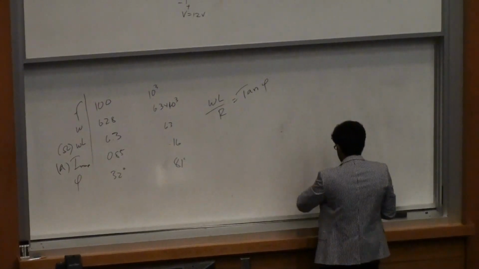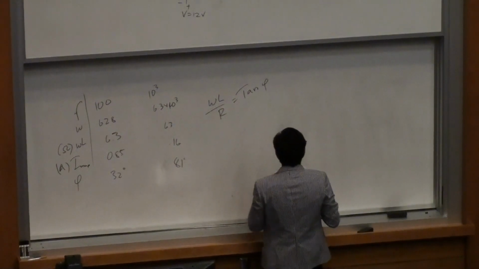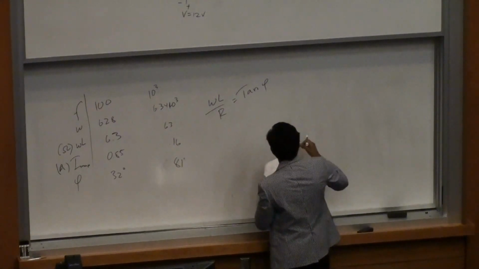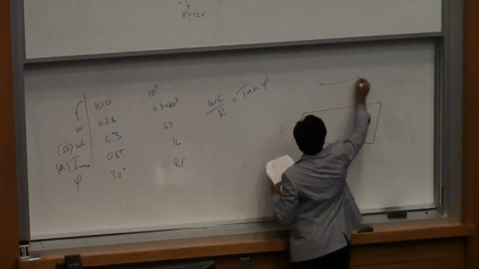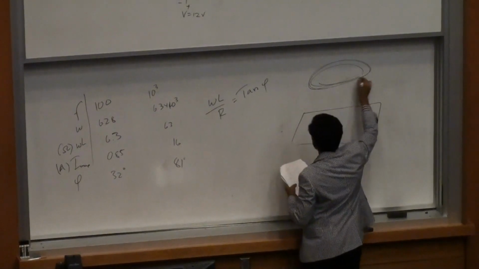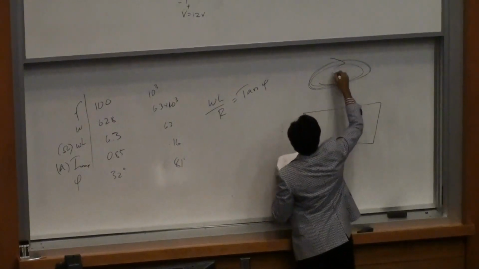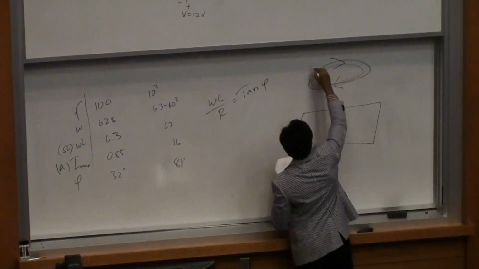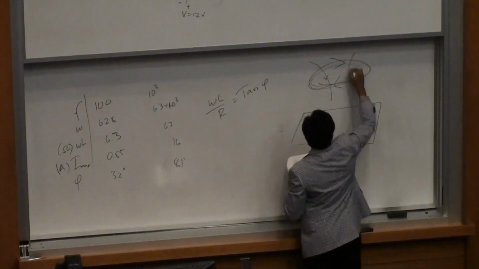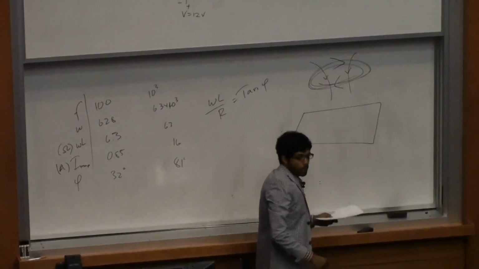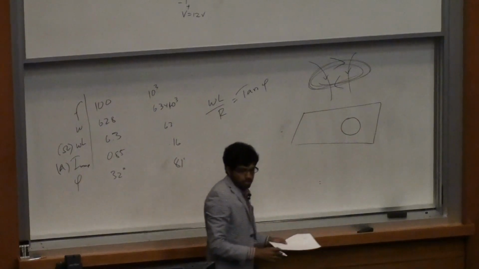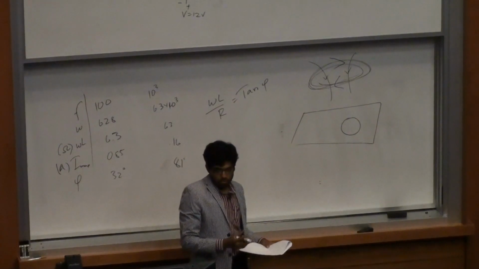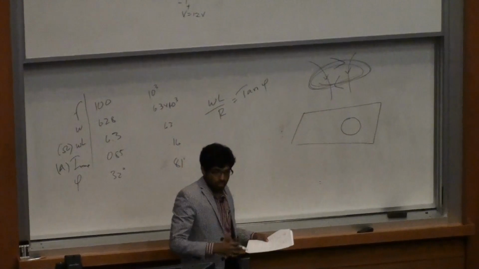So if I were to look at this, let's say I'm looking at some solid plate here, and I have a loop here, and the current is flowing in this way. Which means my magnetic field is going to be pointing down from this, which means it's going to create a current. Because it's a solid disk, it's basically an eddy current, so it's really hard to predict where the current would be.